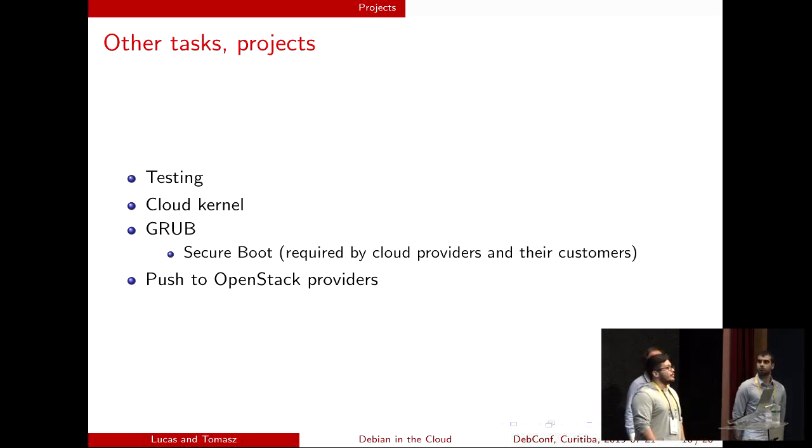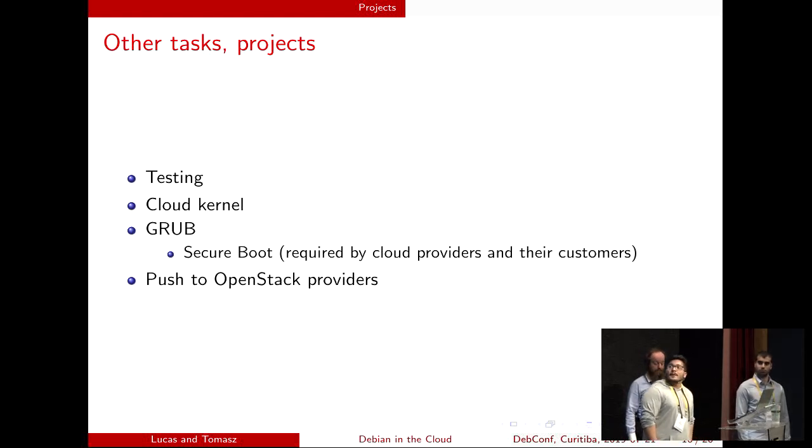We are trying to smoke test our images, trying to boot them, check the network, check the partitions and the packages that are installed and all this stuff. We are working on this testing framework and trying to integrate it in our Salsa CI pipeline, because we want to improve our images in general and increase the quality.